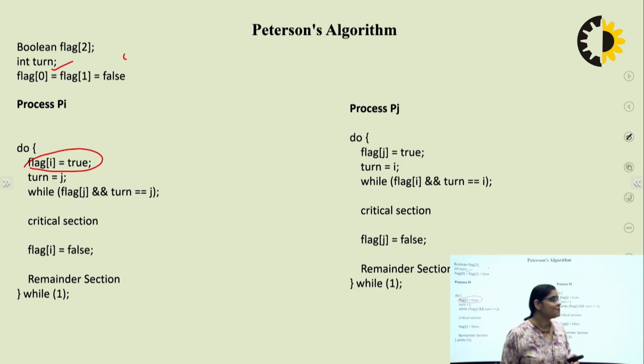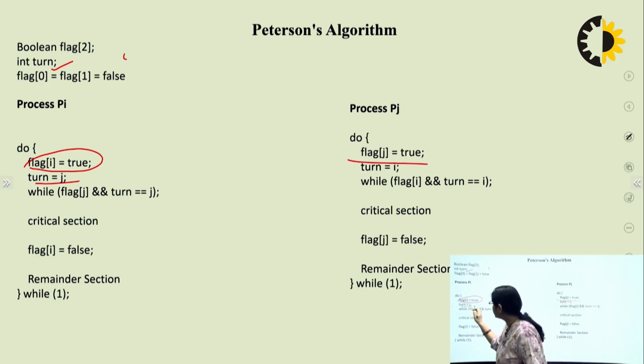Now for the process Pj, my flag of j means that process j has raised his hand that okay, my turn is there, right? Again, what I am checking here is turn equals j, okay?